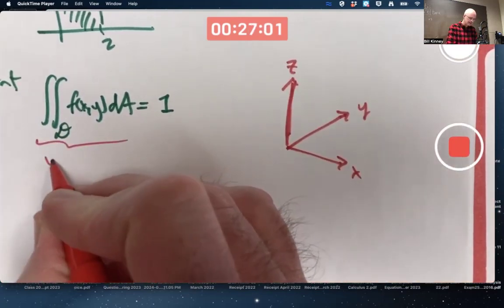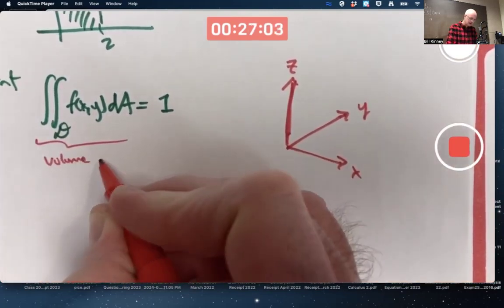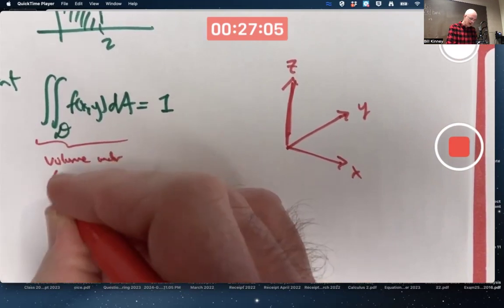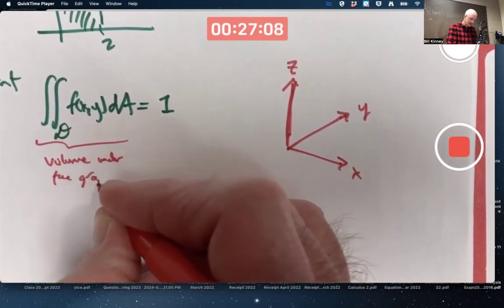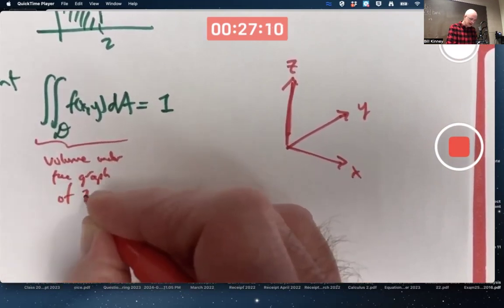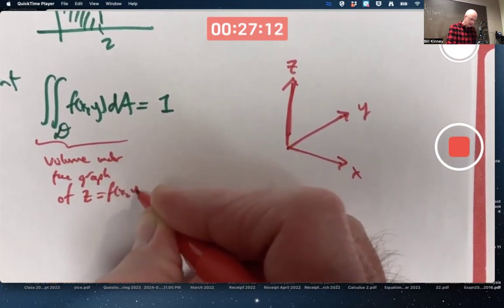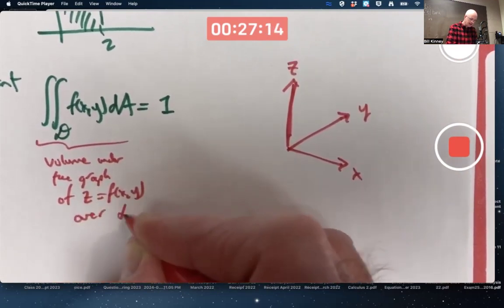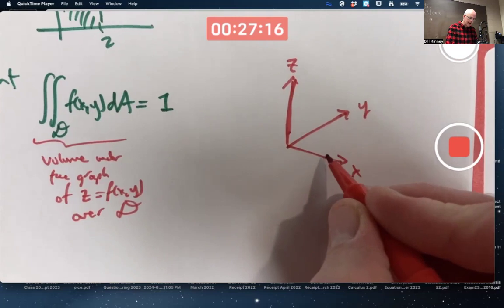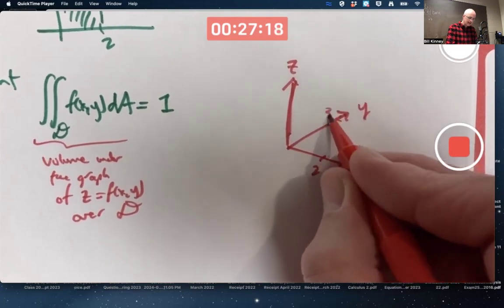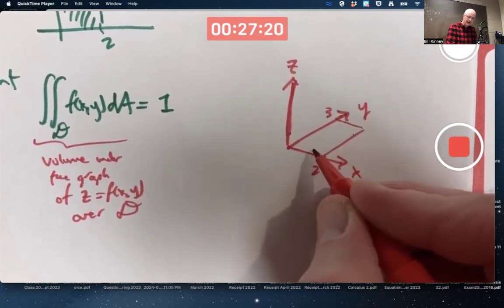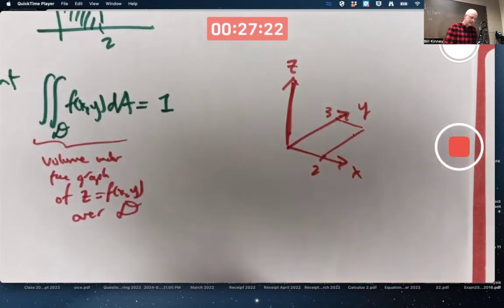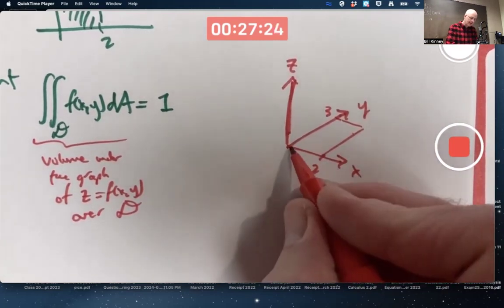This is the volume under the graph of z equals f of x, y over this domain D. So the domain D in this 3D picture is this sort of slanted rectangle going into the screen.